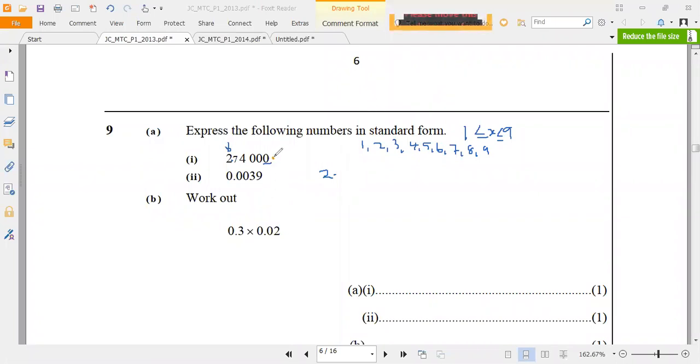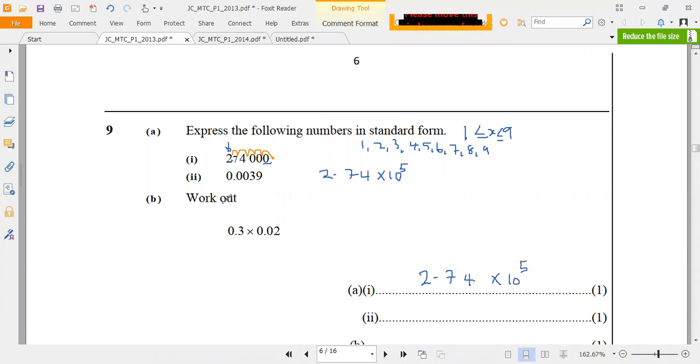So that decimal point will now move 5 steps to the left. If the decimal point moves to the left, the power of 10 is positive. So our answer here is 2.74 multiplied by 10 to the power of 5.